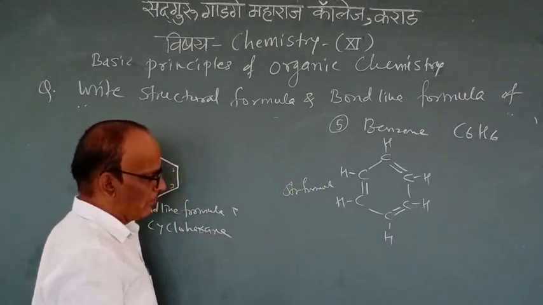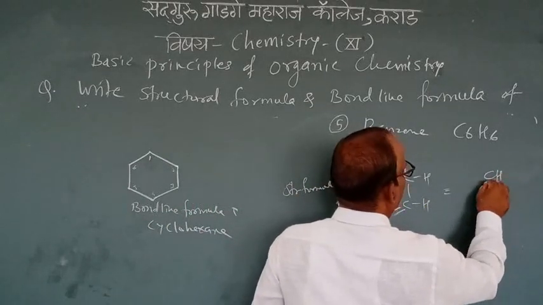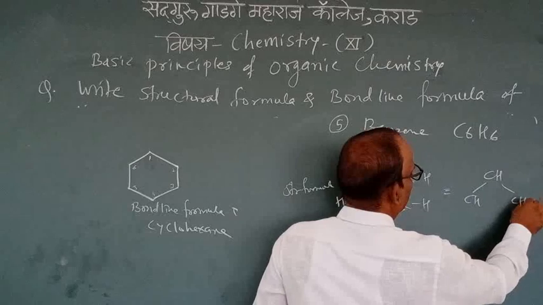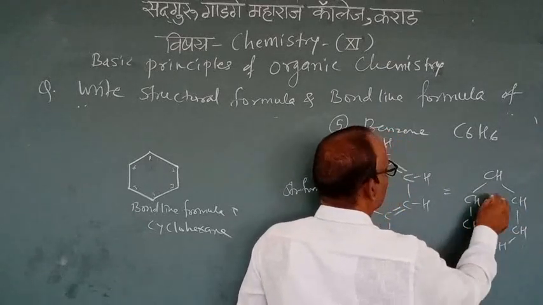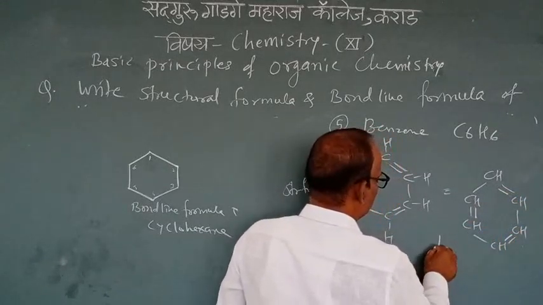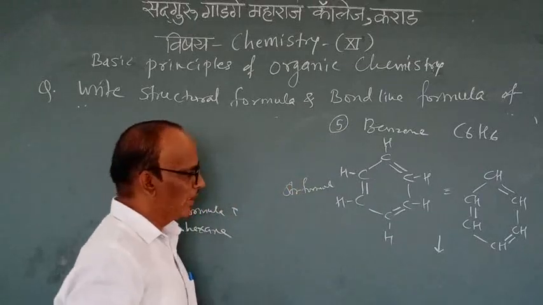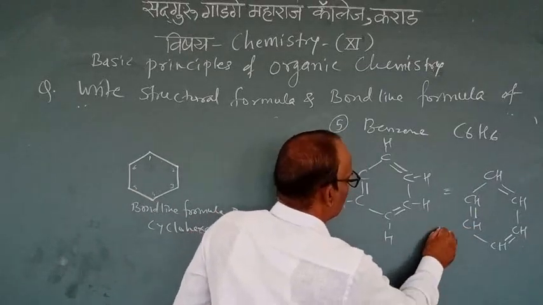From this structural formula, to draw the condensed formula, that is CH, CH, CH, CH, CH and CH, and again alternate double bonds. From this structure you draw the bond line formula. In the bond line formula, carbon and hydrogens are not written.